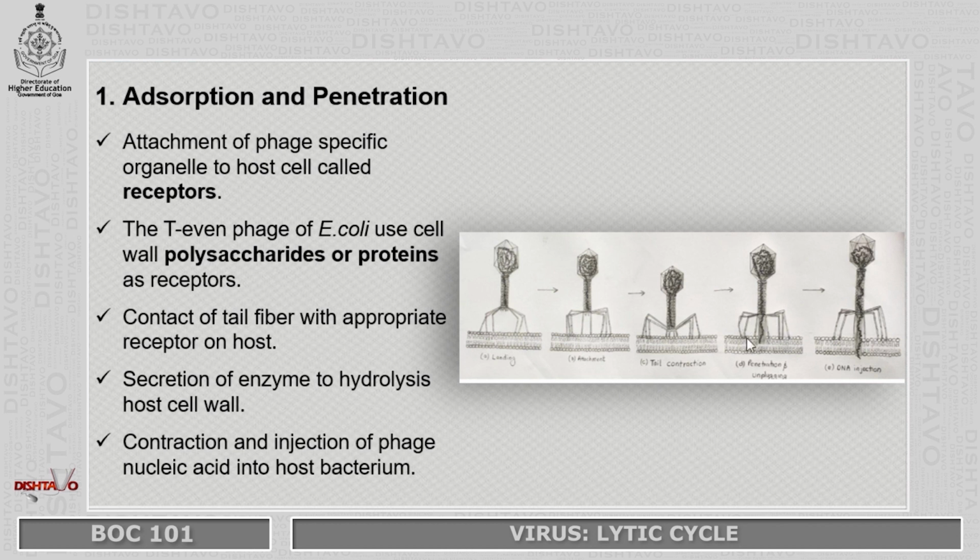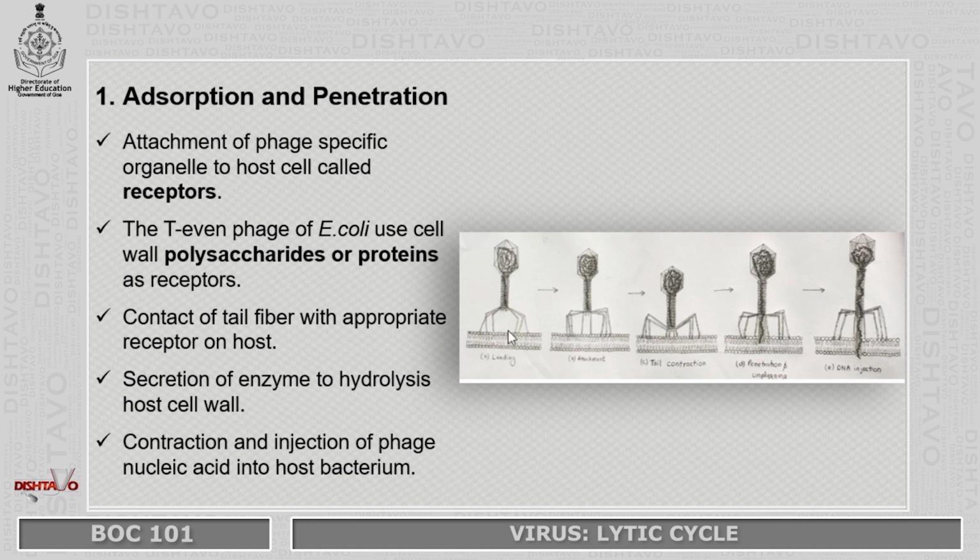What exactly does lysozyme do? It degrades the cell wall, so that there is a direct entry of the central tube. After it has found an entrance into the host cell, the DNA from the head of the bacteriophage will then be pushed into the host cell.